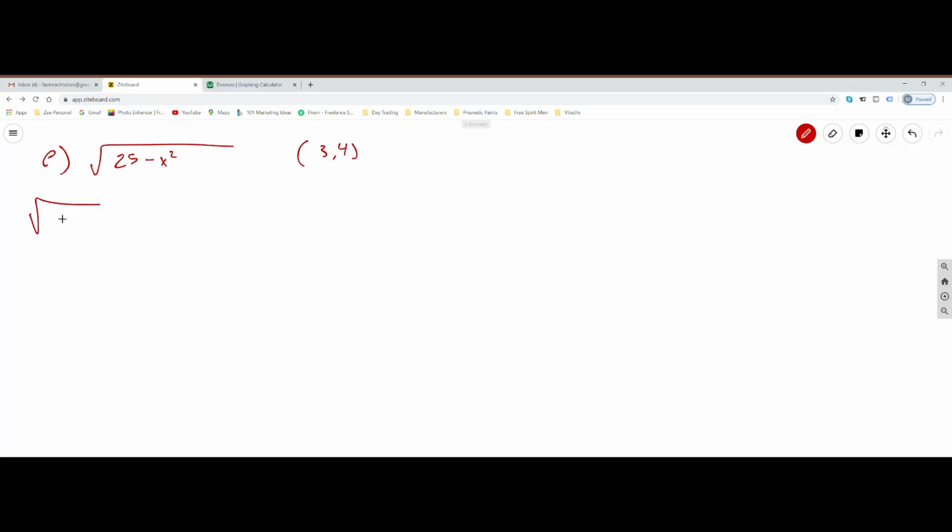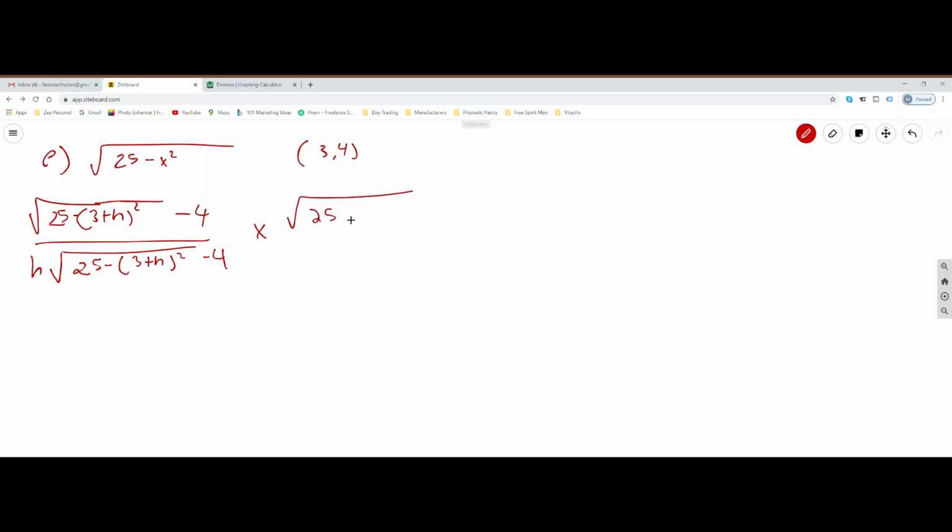So you have square root 25 minus 3 plus h squared minus 4 over h. It is plus 4, the conjugate.